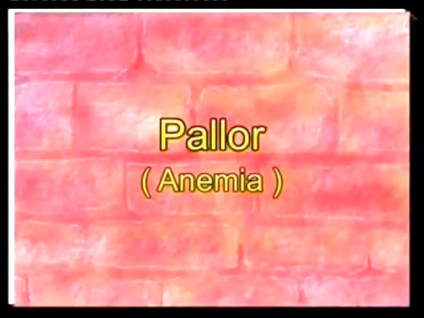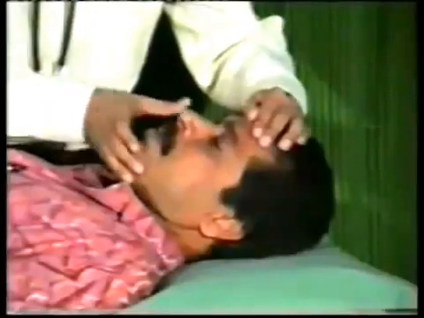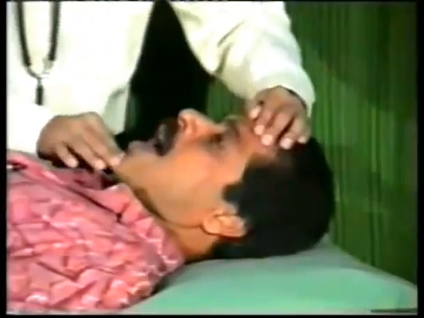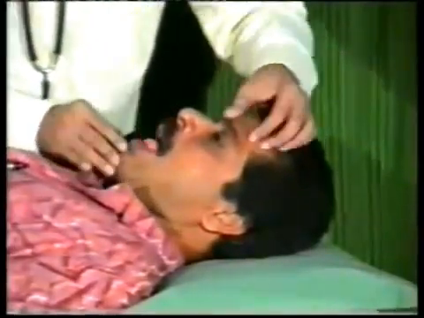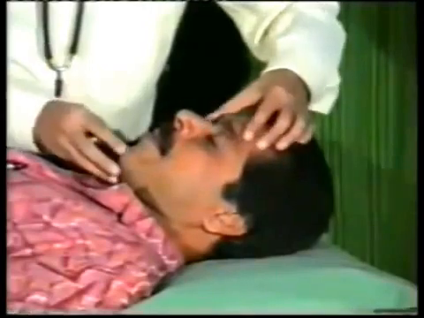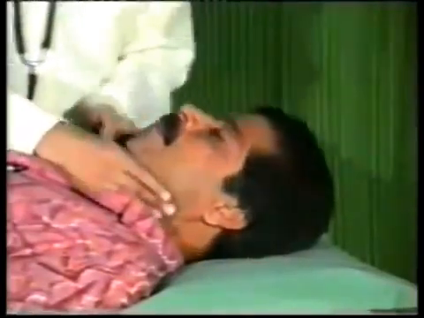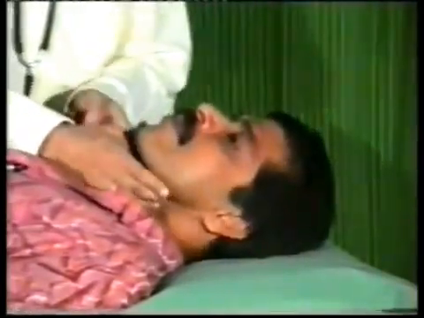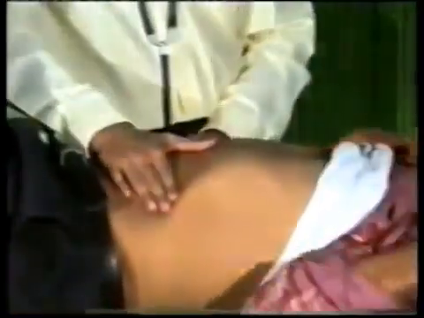If the patient is very pale, the tongue, conjunctiva, the nails and the palms will be very pale. Look for puffiness of the face and edema of the legs. Palpate the neck for lymph nodes and palpate the abdomen for liver and spleen.